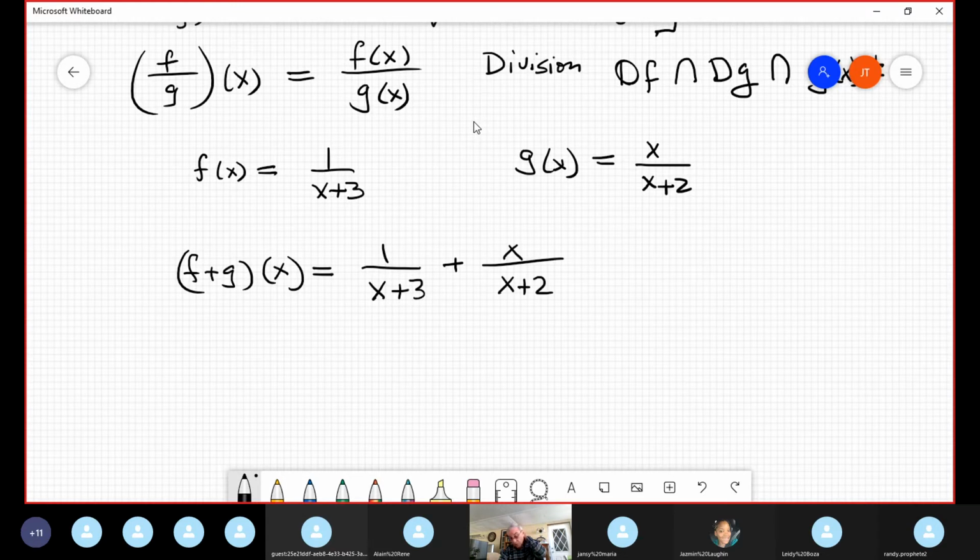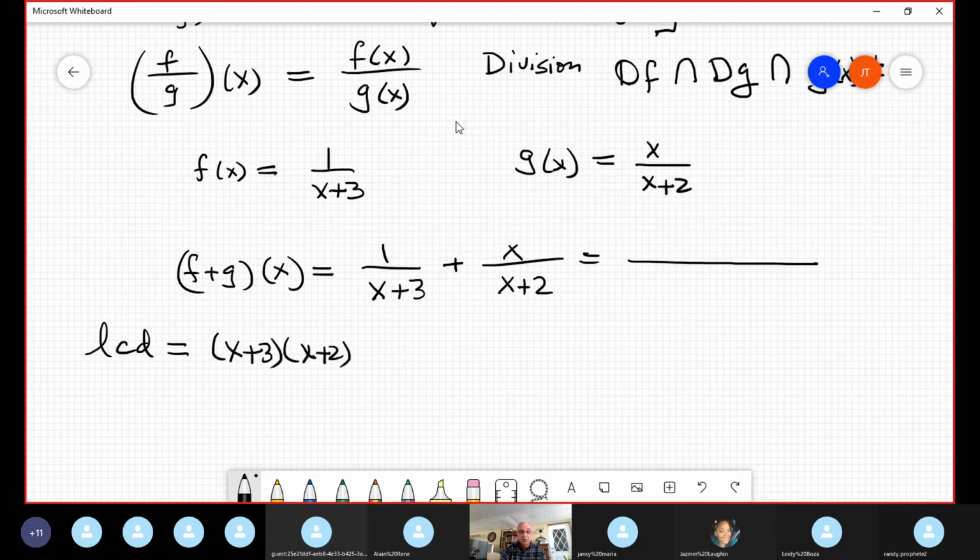No. You condense this and this into only one. So the least common denominator is both: x plus 3 and x plus 2. So it's parentheses x plus 3, x plus 2, and on the top we have this divided by this times 1, which is x plus 2, plus x times x plus 3.